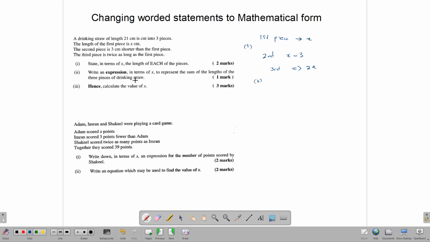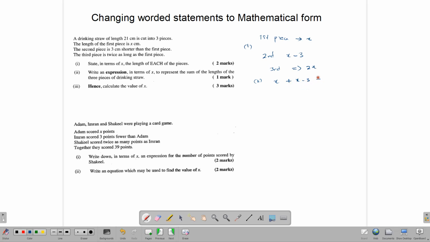The second part of the question says, write an expression in x to represent the sum of the lengths of the 3 pieces of straw. Sum, as you know, means to add. So we're going to write a sum to represent the 3 pieces. The first piece would be x. The second piece would be x minus 3.